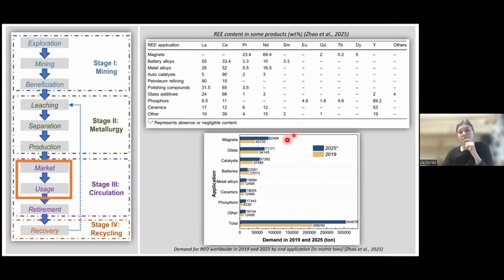And of course, the biggest market for REs is still magnets. But if we take a look at the total application of REs and compare only 2019 and 2025, so it's just 6 years, we can see that the application increased significantly, and the prognoses are that it's only going to be increasing.